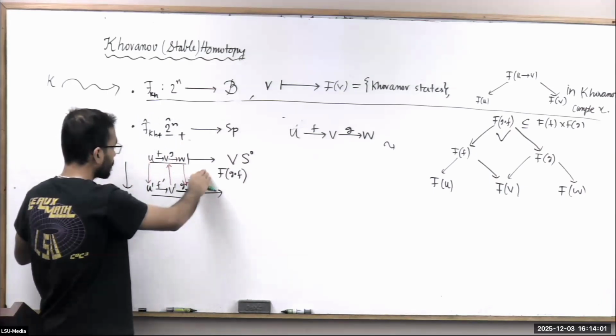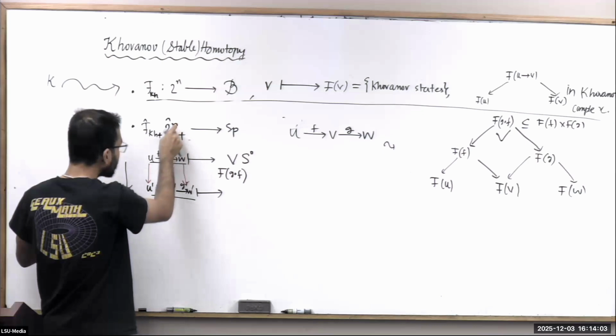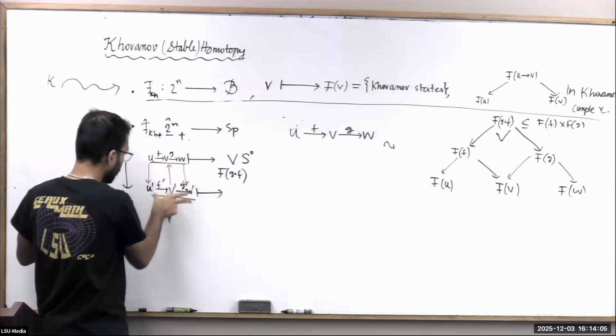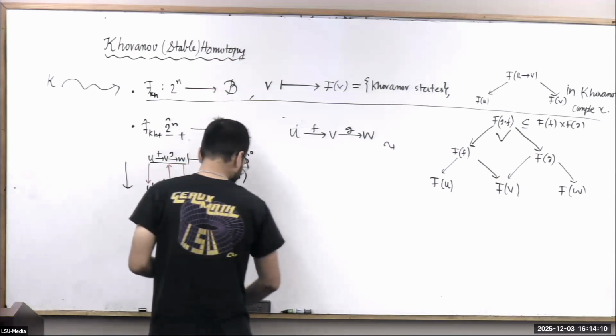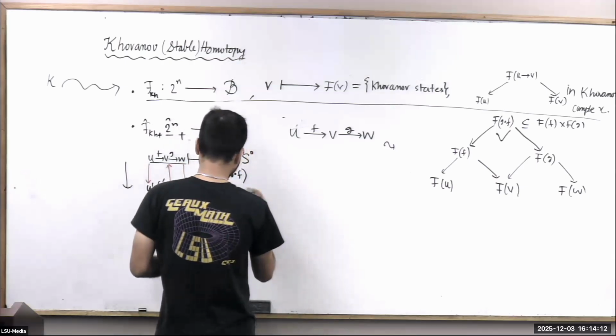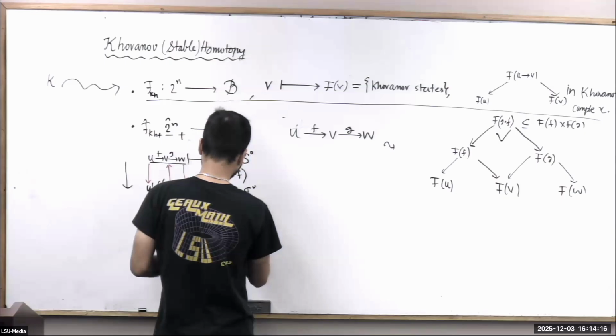These red arrows are morphisms in this category, from here to here. And I claim, but I don't prove, that this will induce a morphism on S0 to this.